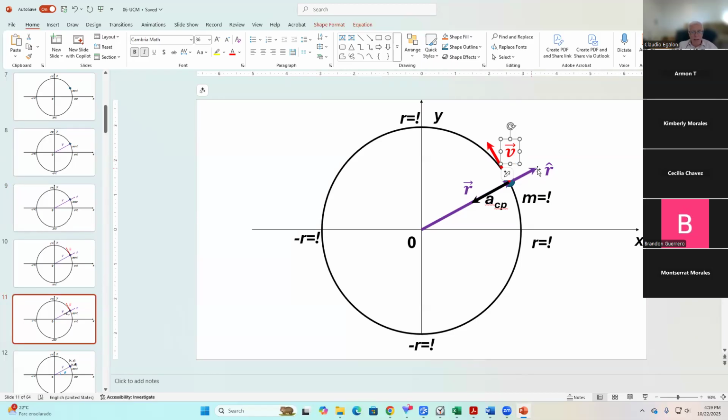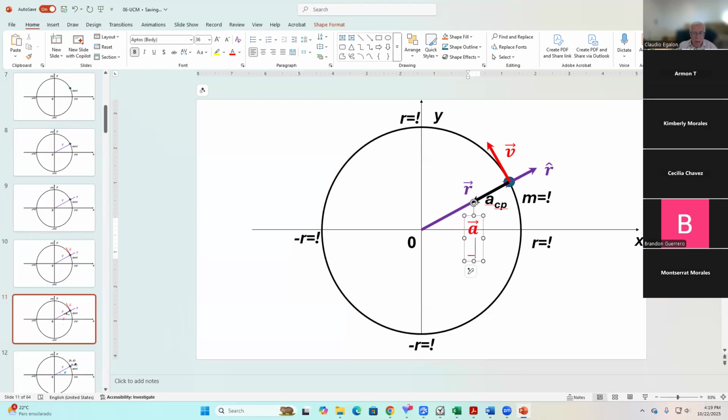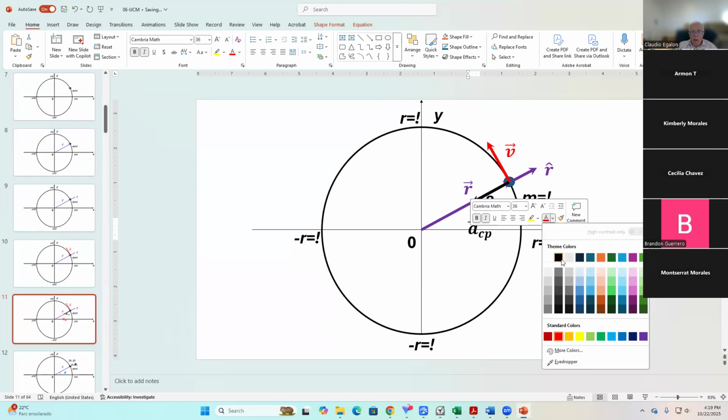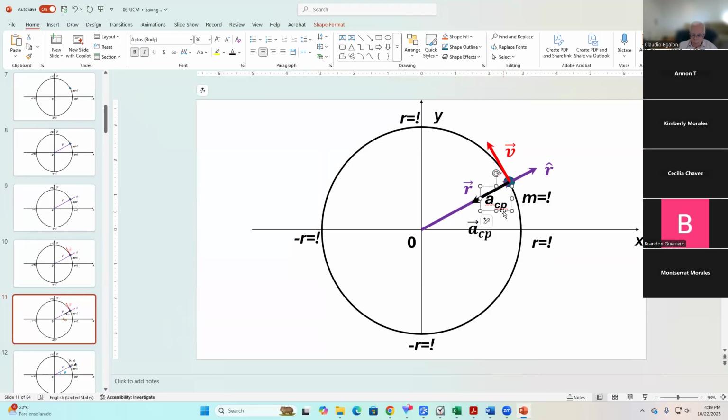No tangential component to the acceleration. Okay, good. Gonna be black color. And I'm going to write that right in here.